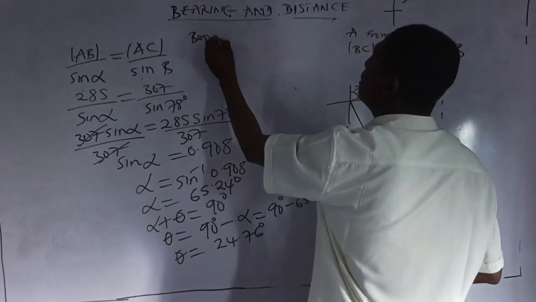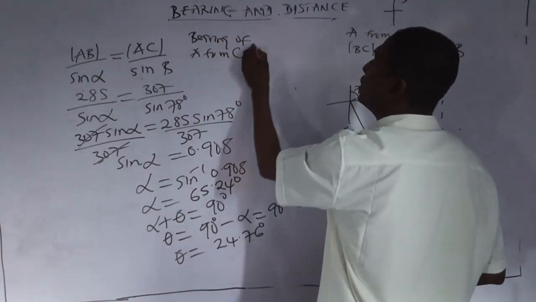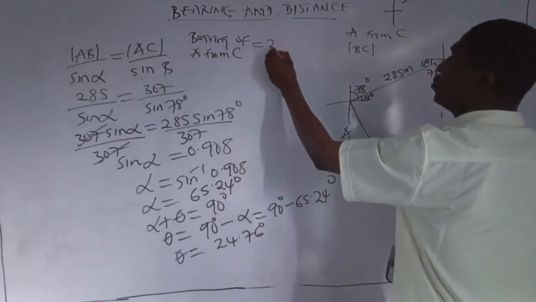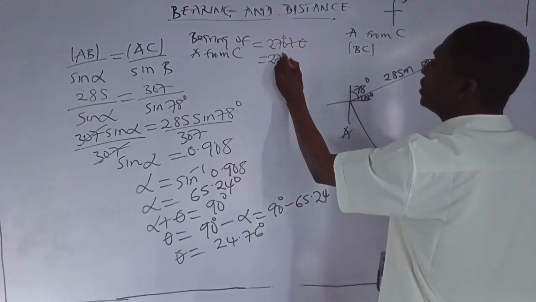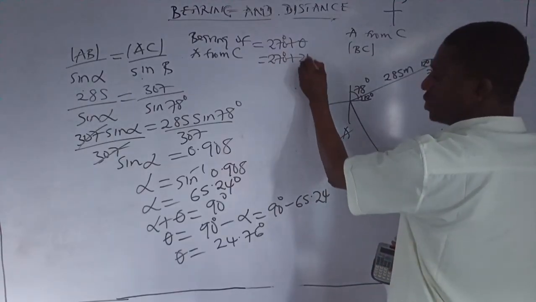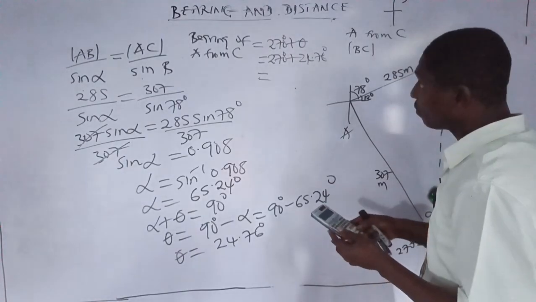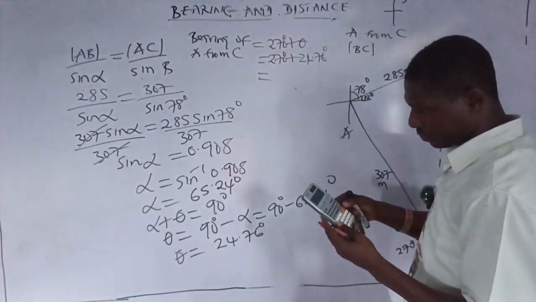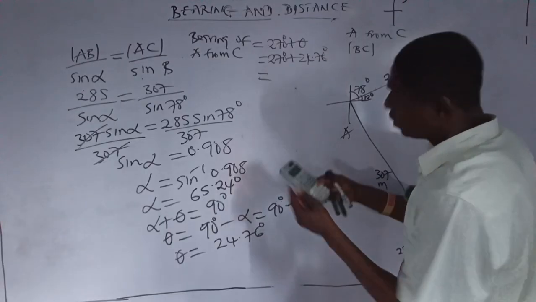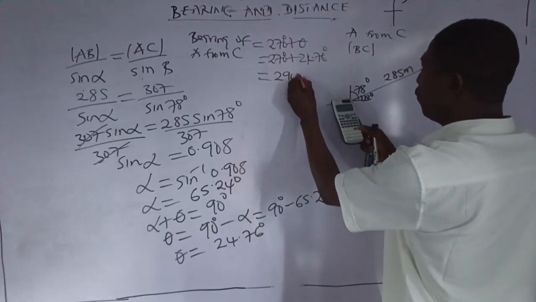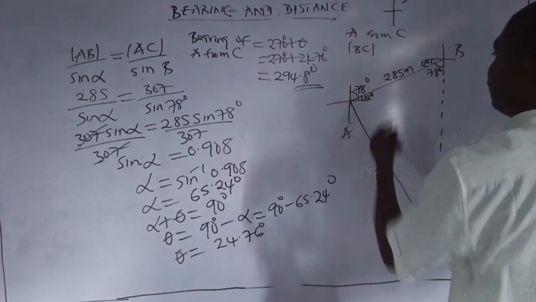So the bearing of A from C is equal to 270 degrees plus theta, which equals 270 degrees plus 24.76 degrees, which will give me 294.8 degrees. So this is the bearing of A from C.